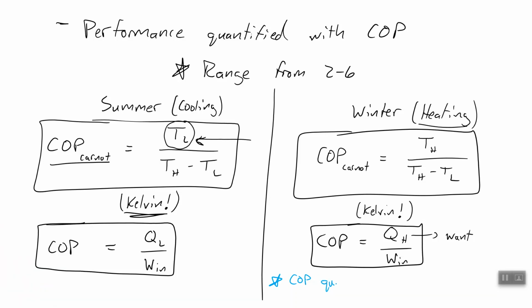the COP quantifies exactly how much heating or cooling, whatever you're trying to get, you get per unit work. So if you put in 1 kilowatt of work, because in order for a heat pump to work you have to pump a working fluid, so that takes work.